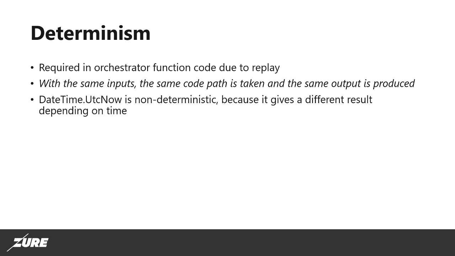And that would be kind of dangerous. Because when you replay the code and it goes to a different branch and calls, let's say, a different activity function, well, it's not really defined what happens, actually. It's most likely going to run in a bit of a corrupt state. And that's not a good thing.